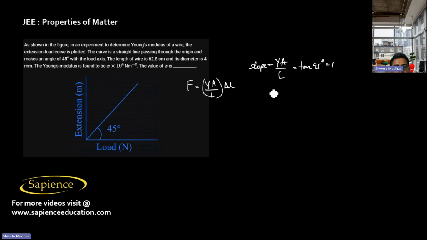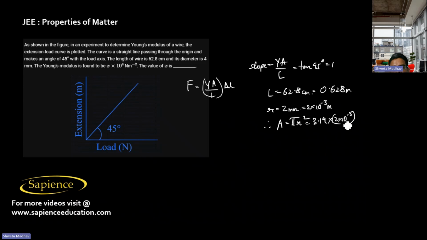The length of the wire is told as 62.8 centimeter, which means it is 0.628 meters, and the diameter is 4 millimeter, which means the radius of cross section of the wire is 2 millimeter. So therefore the area of cross section is equal to pi r square, which is 3.14 into r square. So r I can write as 2 into 10 power minus 3 meter. This will be 2 into 10 power minus 3 whole square, meter square.